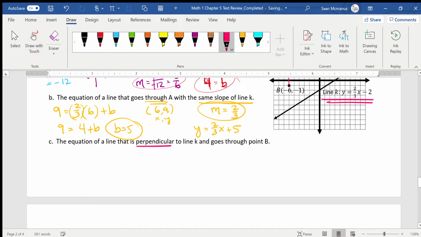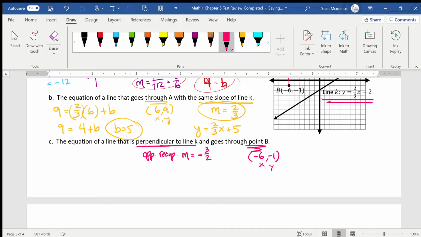And the line perpendicular to line K. Remember, the slope of line K was 2/3. For perpendicular, the slope is the opposite reciprocal. So my new line will have a slope, instead of positive 2/3, of negative 3/2. And point B is (-6, -1).